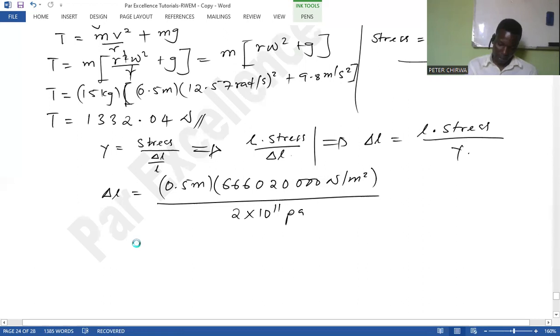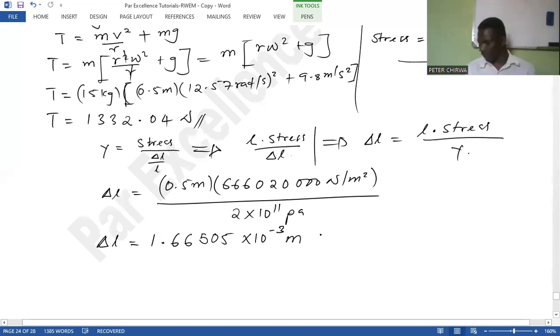So that is giving us 1.66505 times 10 to the power negative 3. Okay. So this is going to be in meters.